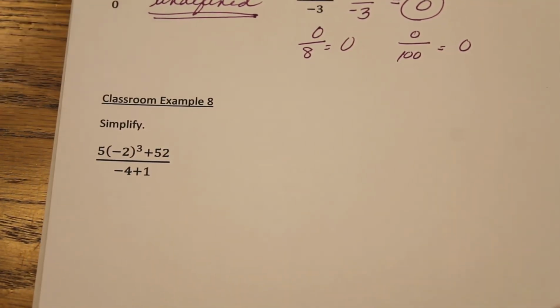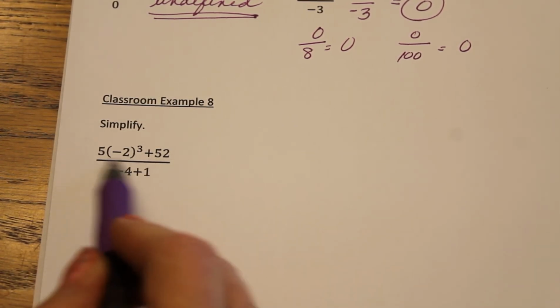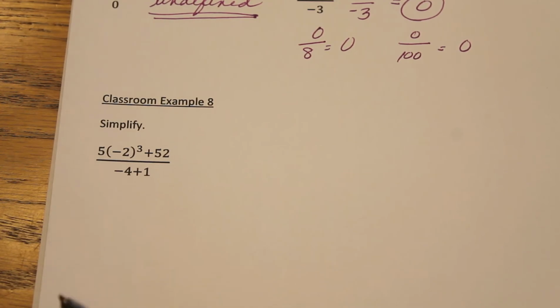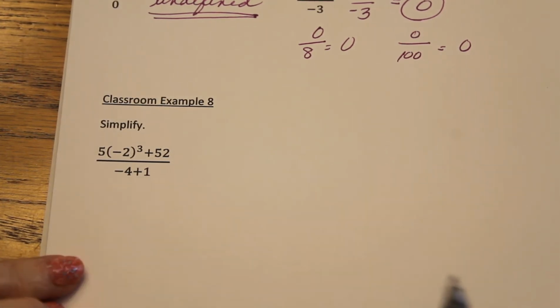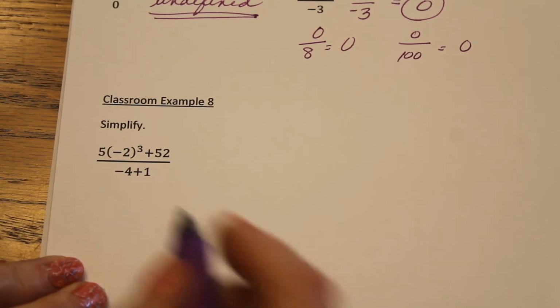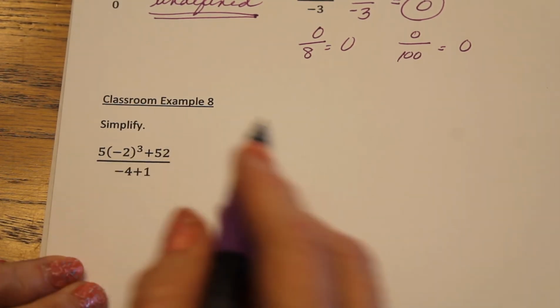All right, here let's use our order of operations. Of course, the division bar here is a natural separator. We want to evaluate the numerator first and the denominator second before we do our final operation, numerator divided by denominator. And we do exponents before we do multiplication.